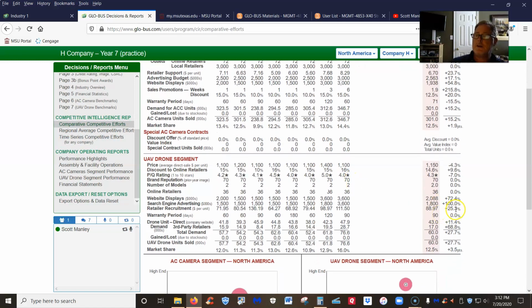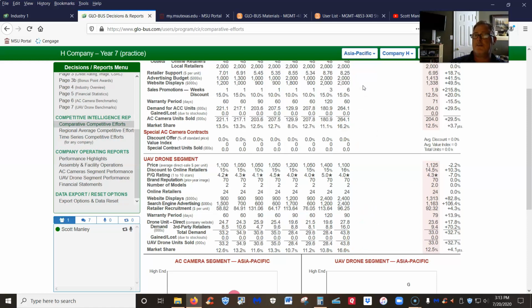On the drone, look at how much above average I am here on my expenditures, okay? So is it any wonder that I got such great market share? 14.4% and 16% respectively in North America. Look at Europe, Africa, it's 14.9, 16.3.